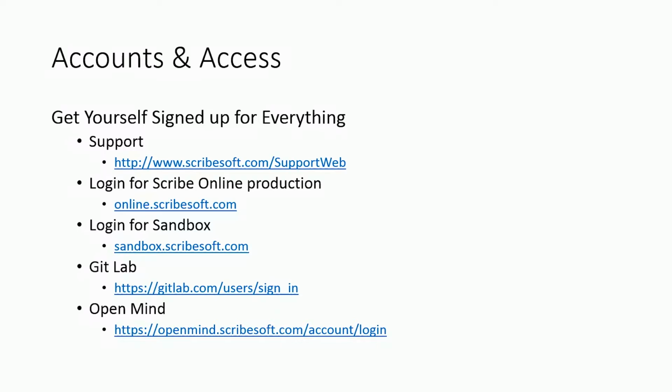Some customers like to have a Sandbox account. Sandbox is accessed by going to sandbox.scribesoft.com. Again, this is not synchronized at all with Scribe Online. You do need to request another account at that URL, but that gives you a development area that's out of the way of your production environment, where you can build things and try out new capabilities.